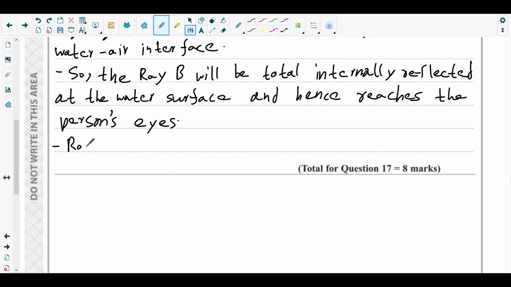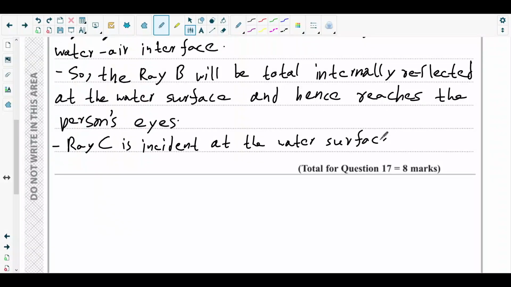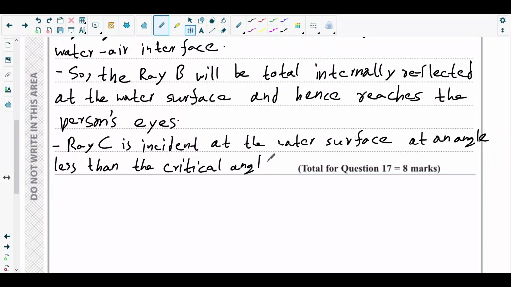Ray C is incident at the water surface at an angle less than the critical angle for the water air boundary or interface, whatever you say.